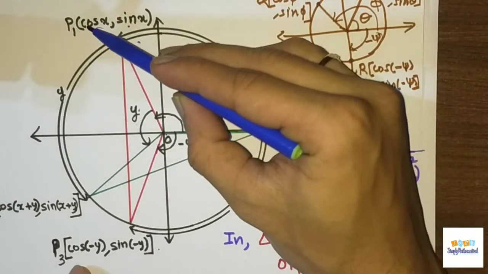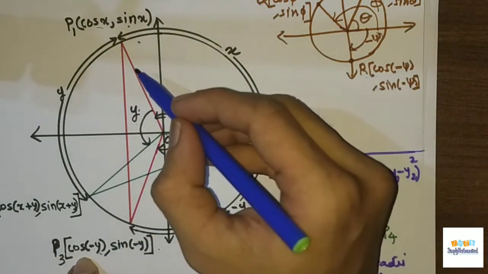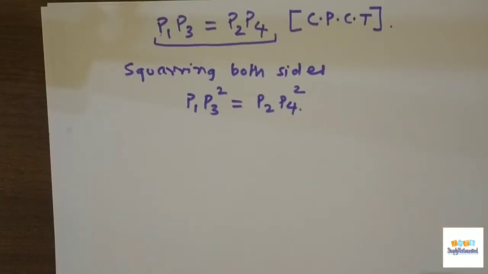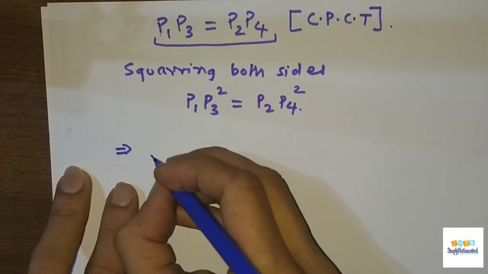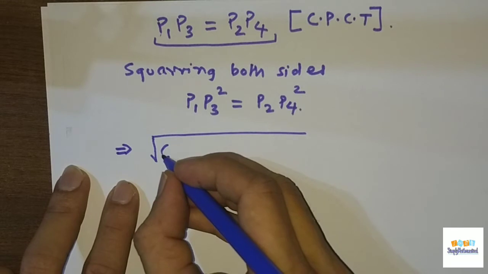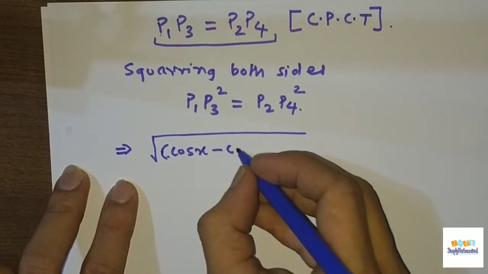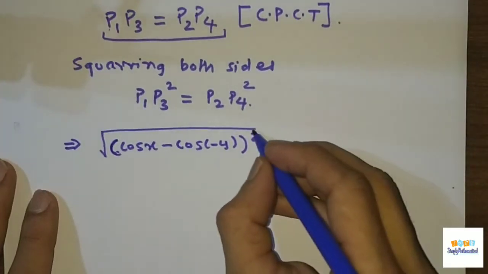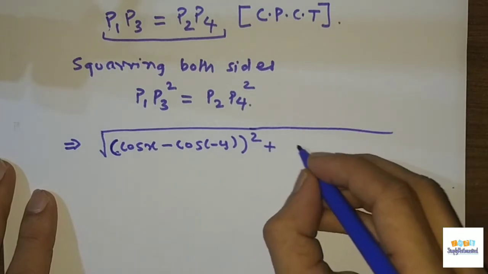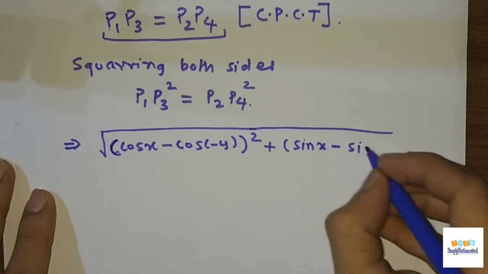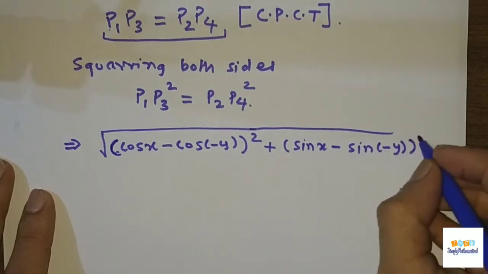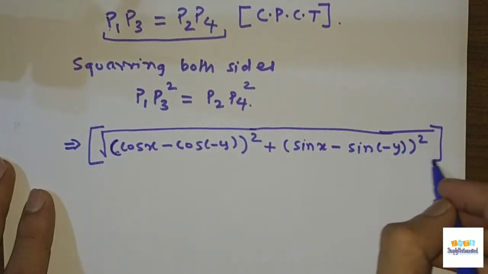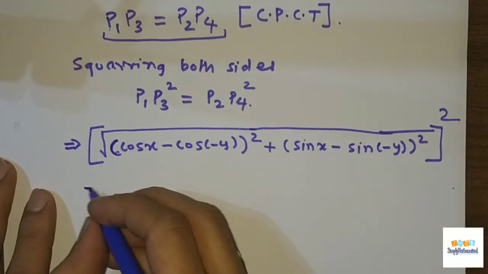So what you will get here is root of cos x minus cos of minus y the whole square, plus sin x minus sin of minus y the whole square, and here you have square, so this is again the whole square, right?